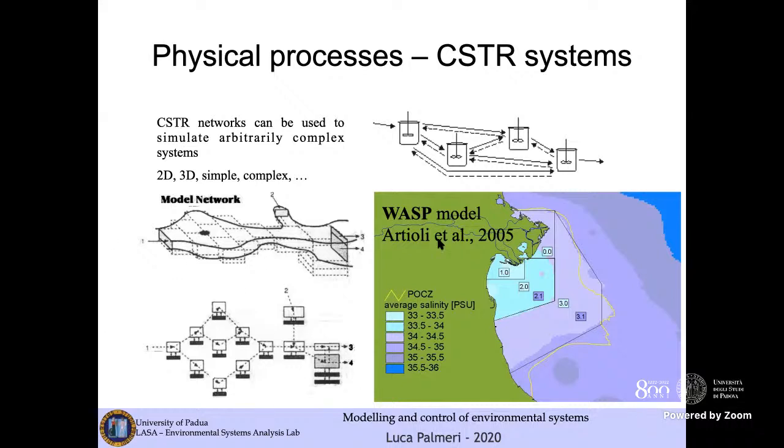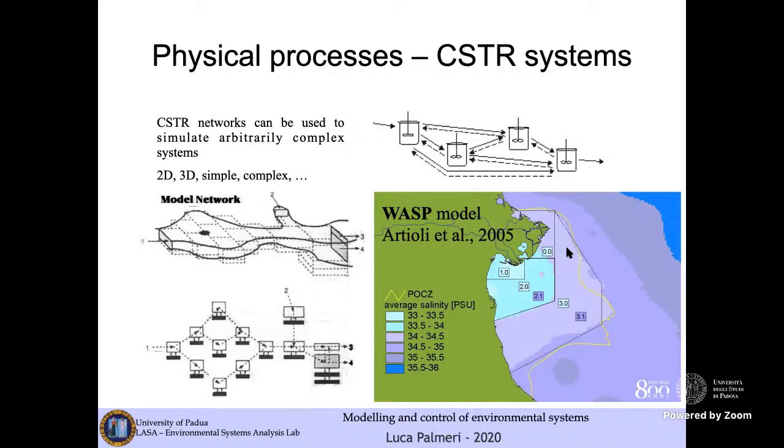In this paper, we subdivide the coastal zone into a set of boxes. The boxes with a 1 are surface boxes, and the boxes with a 0 are bottom layer boxes. So we are employing a two-dimensional description in which you subdivide horizontally in boxes and vertically in two-layer boxes.